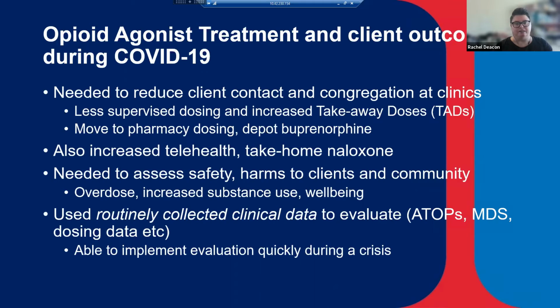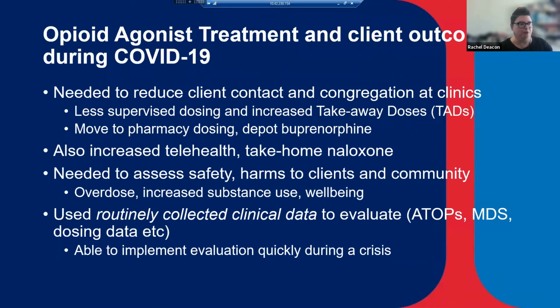And to reduce the need for clients to keep coming into clinics, there was an increase in how many takeaway doses clients were allowed to have. There was also a move to where it was possible for clients to dose at their local pharmacy, just to reduce that congregation of clients.